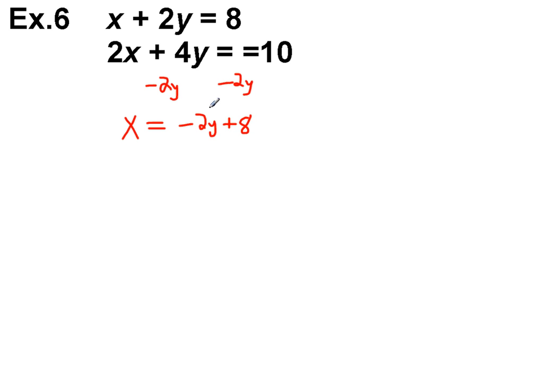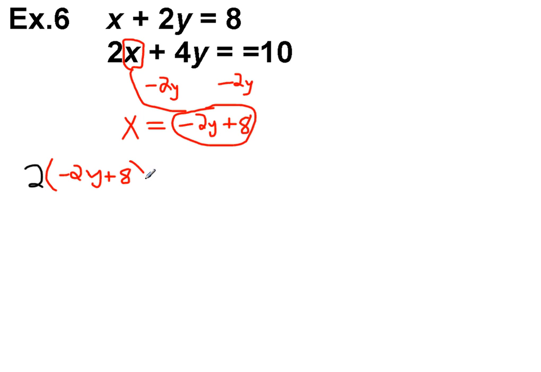All right, so I'm going to put that in the other equation for x, because that's what x equals. So when I write out the other equation, I'll have 2 parentheses negative 2y plus 8 and then just continue writing that equation without any other changes.